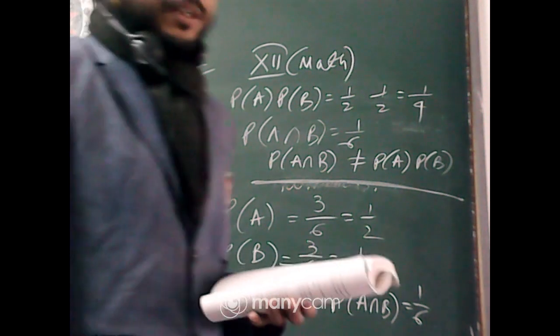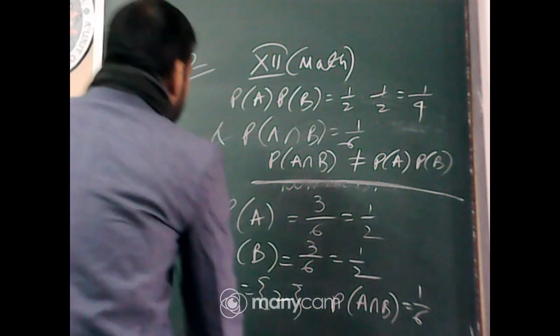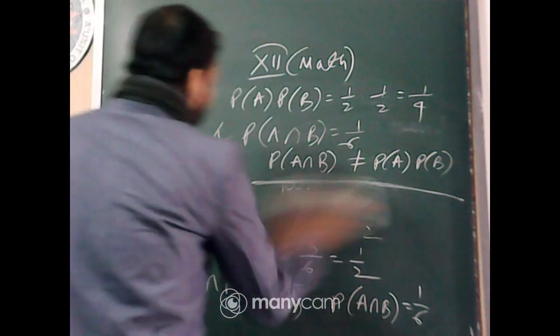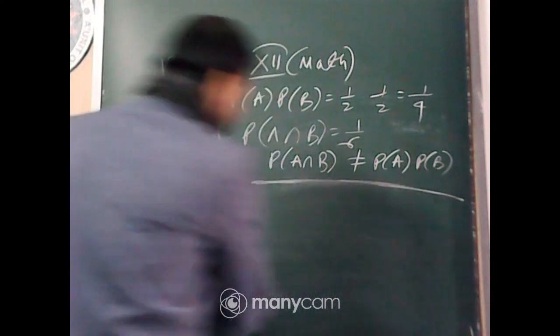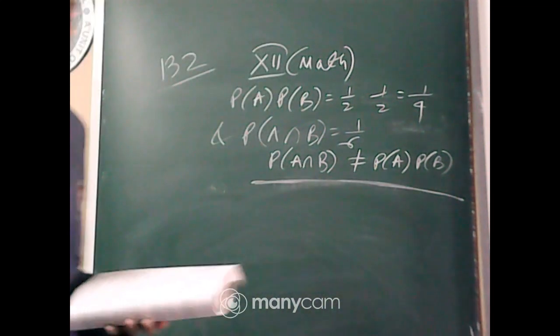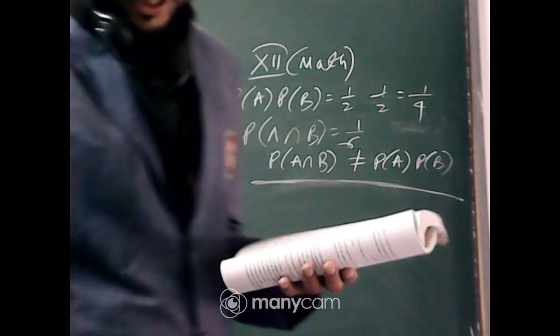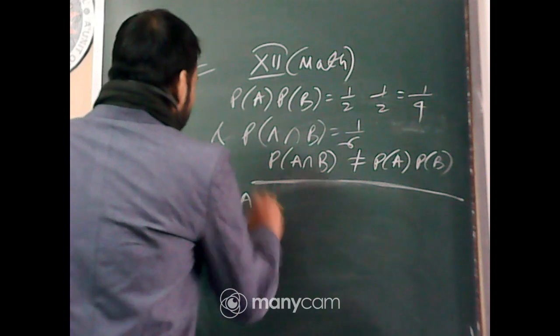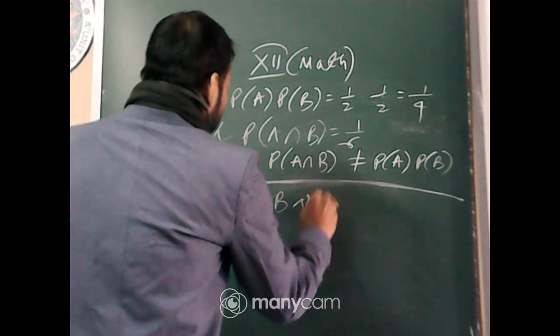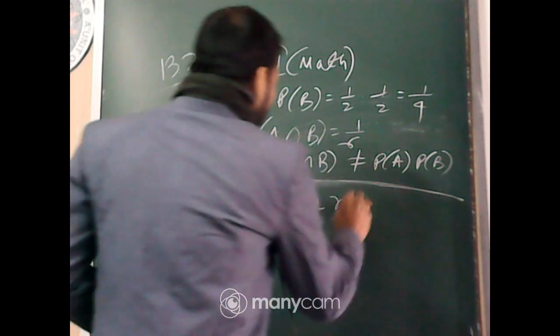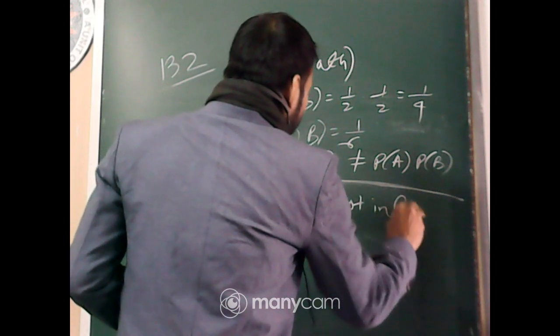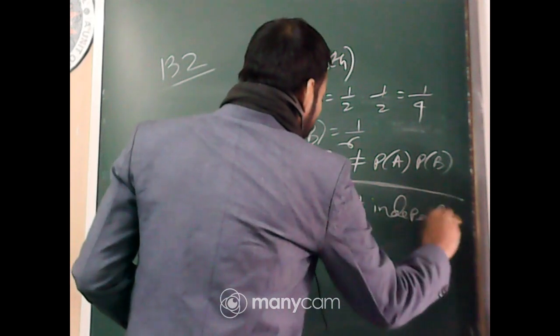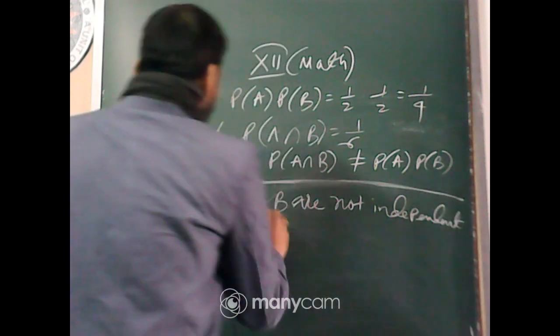Respond to me. Okay, that means we can conclude here A and B are not independent events.